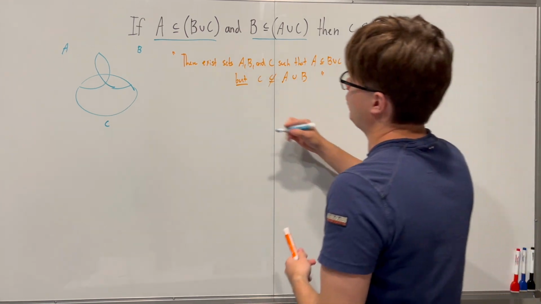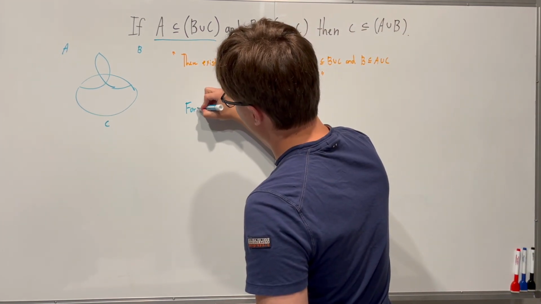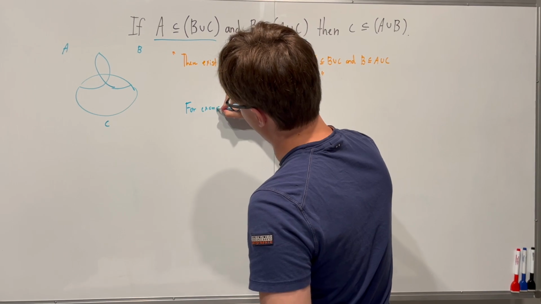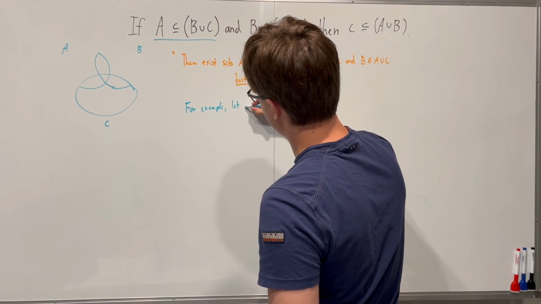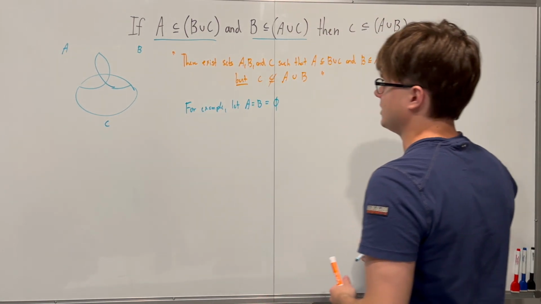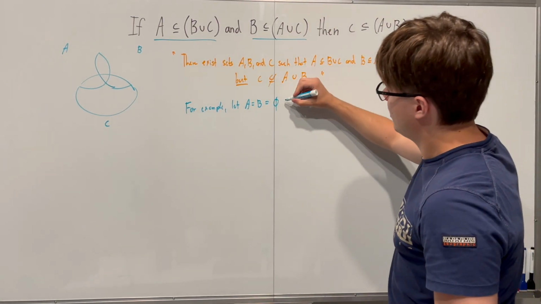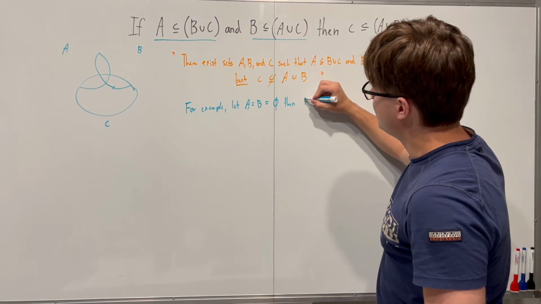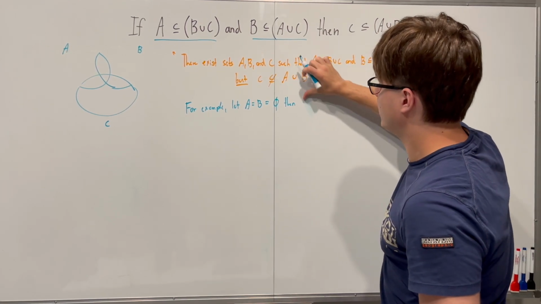So what do we say? We say, for example, let A equal B equal the empty set. Fantastic. Then we'll start with A. I'll justify.